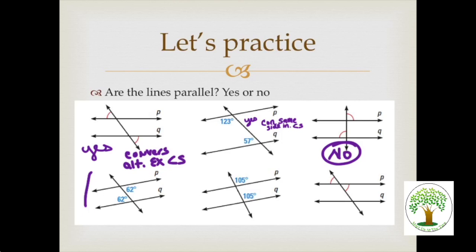All right, let's go to this one down here. I'm going to change colors because I want to. Are these parallel, yes or no? First, we need to decide, are those corresponding, same side interior, alternate exterior? Alternate interior. Do they need to be congruent or supplementary?